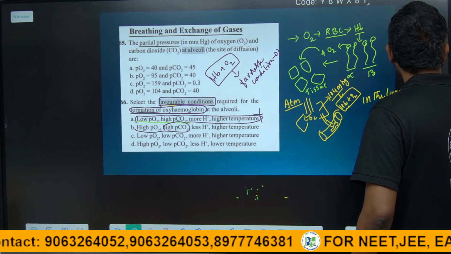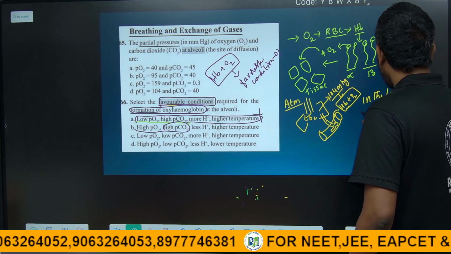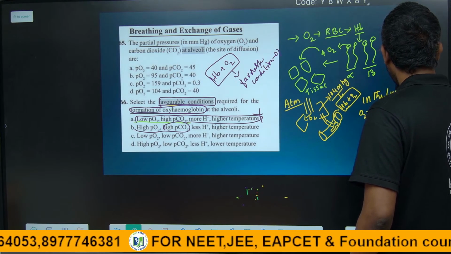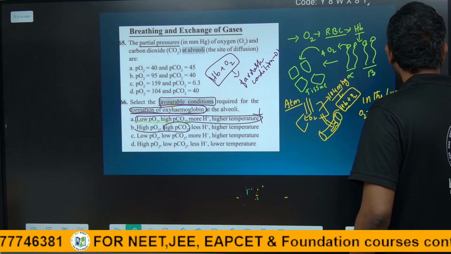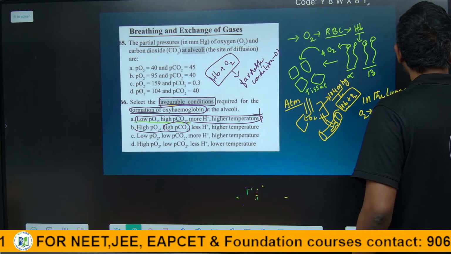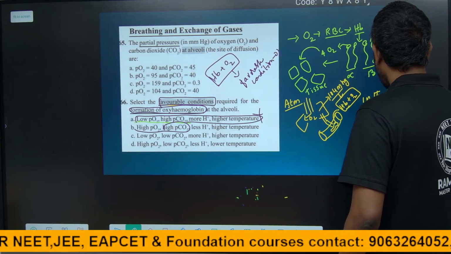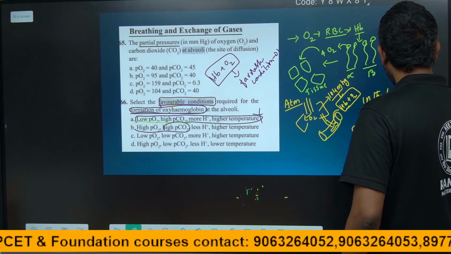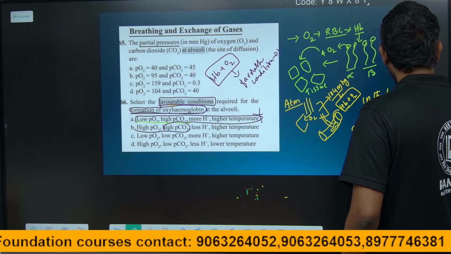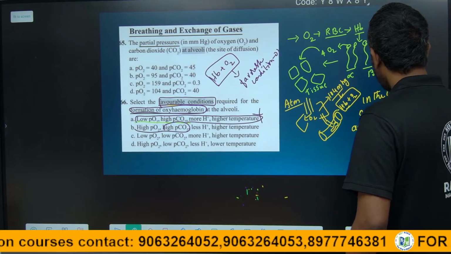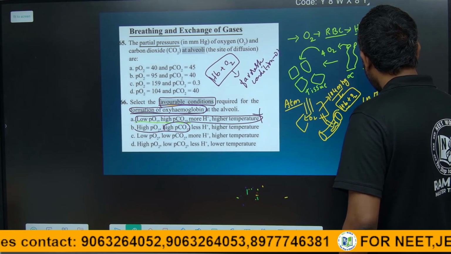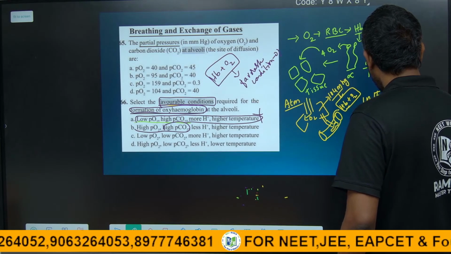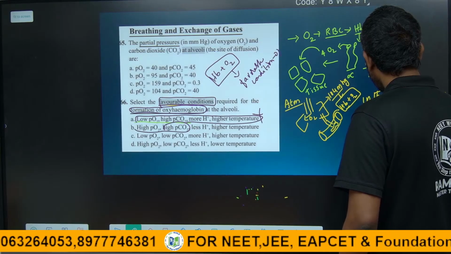In the lungs, where oxygen diffuses into blood and bonds with hemoglobin, the partial pressure of oxygen is high and the partial pressure of CO2 is low.